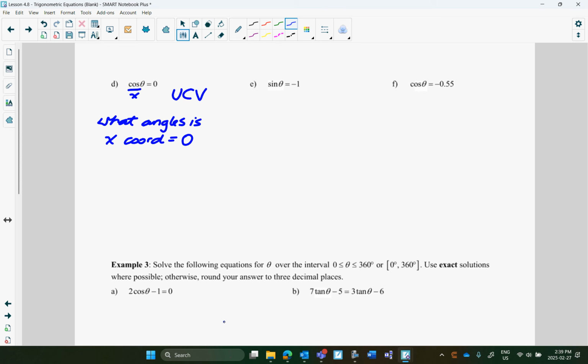I heard 90 and 270 is correct. Because 90 is at 0, 1. That's 0, 1. And there's another x equals 0 coordinate at 0, -1. So that's 90 and 270.